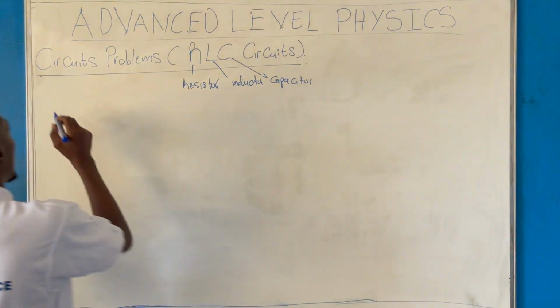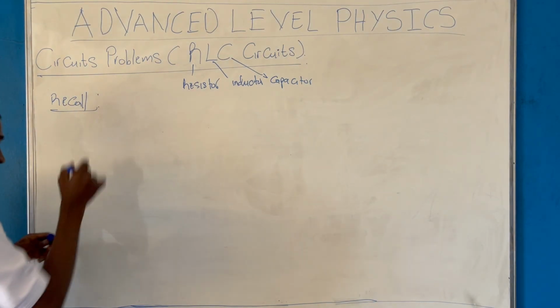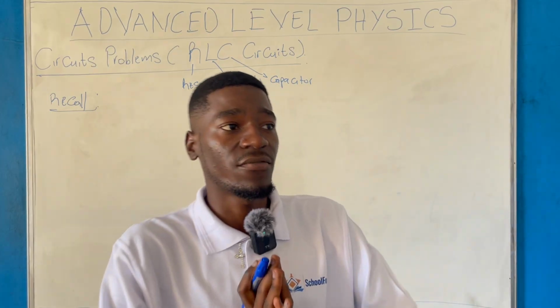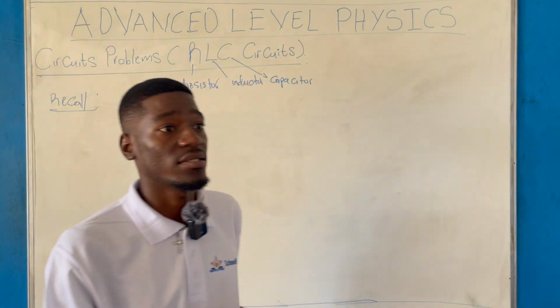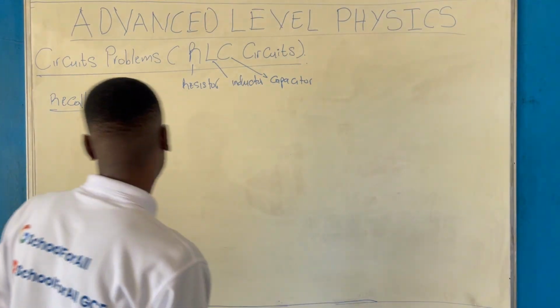As usual, we will start with a small recall so that you understand the principle and the different concepts of the RLC series. Then we'll proceed with an example to apply the concept.